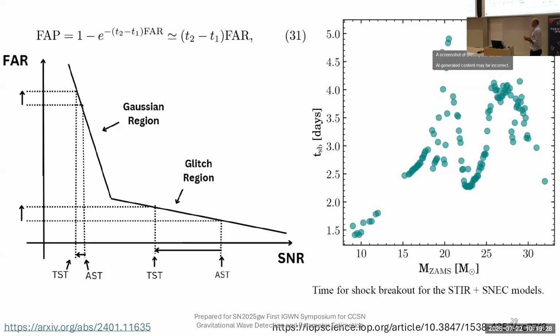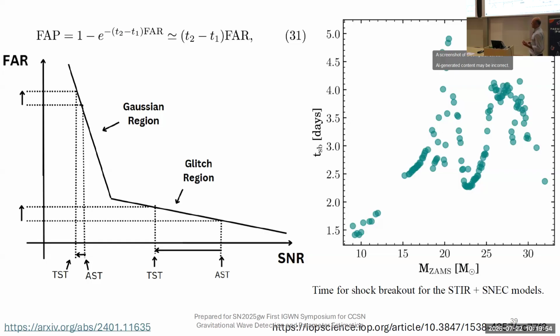And so which of the two, or which combination of the two you should go for, depends on where your previous cut is located, meaning that if you have an all-sky search cut here, and you are able to reduce the false, you can tolerate a larger false alarm.